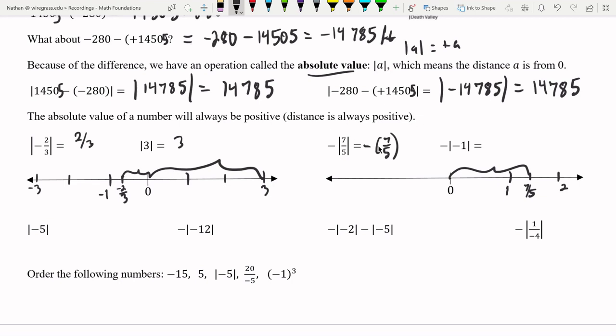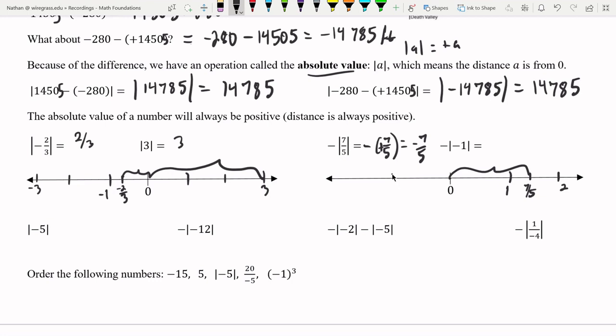This is going to be positive 7/5 because it's a distance, but minus a positive becomes negative 7/5. So even though absolute value is in the problem, that doesn't mean the answer is always going to be positive. The result of the absolute value will always be positive because it's a distance, and distances are always positive.